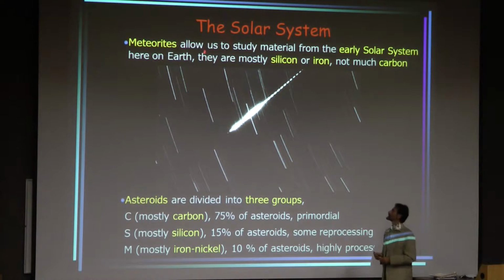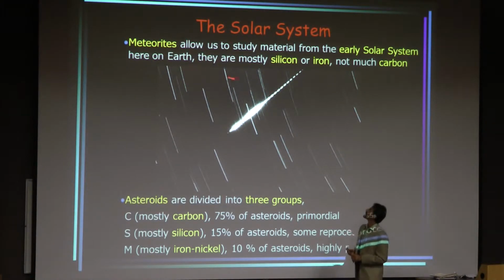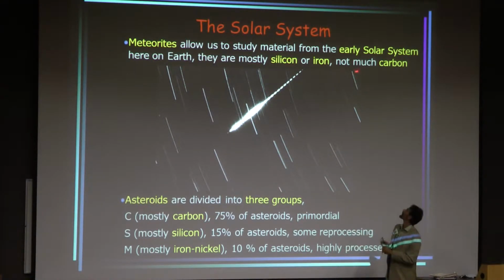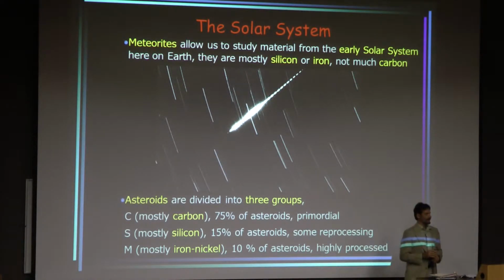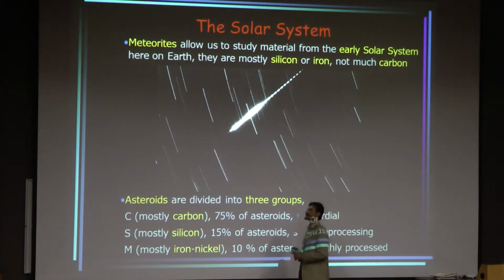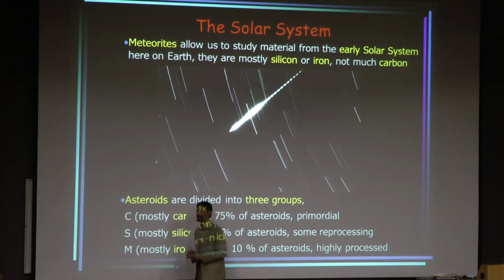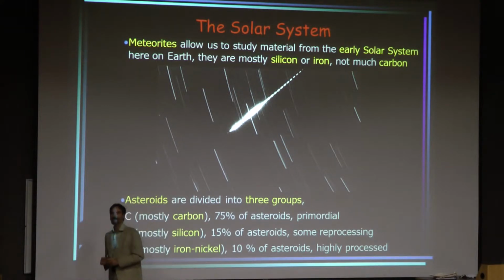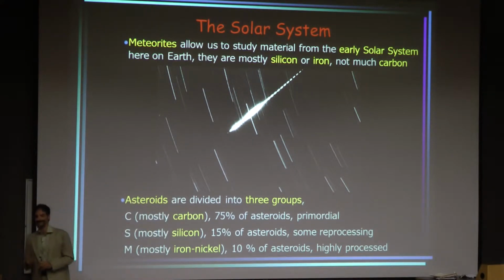And there are three main types of meteorites. Silicon and iron are the main ones, and we also see some carbon meteorites that are called carbonaceous chondrites. Anyway, most of these bodies that we find on Earth, the meteorites, are silicon or iron.